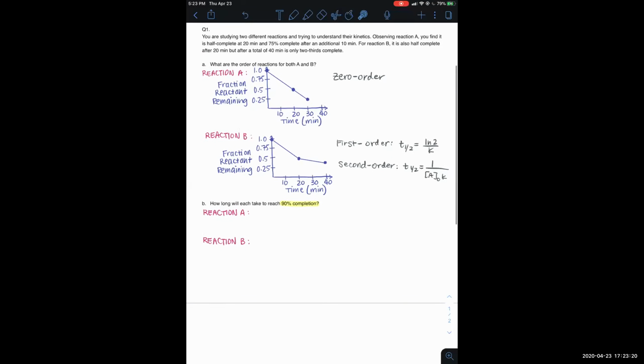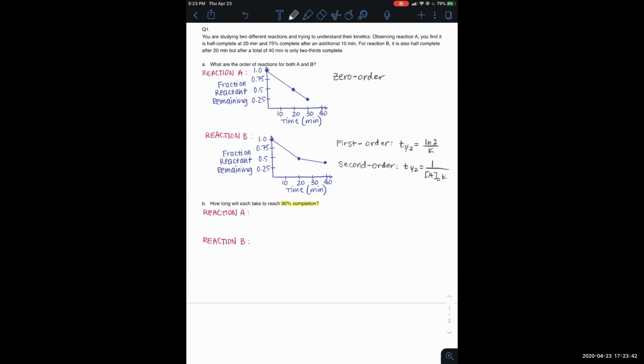So we can see that this seems to be the case with our reaction, reaction B, because in the first 20 minutes, it goes from 100% to 50%, but in the next 20 minutes, it only goes from 50% to about 33% instead of halving again.